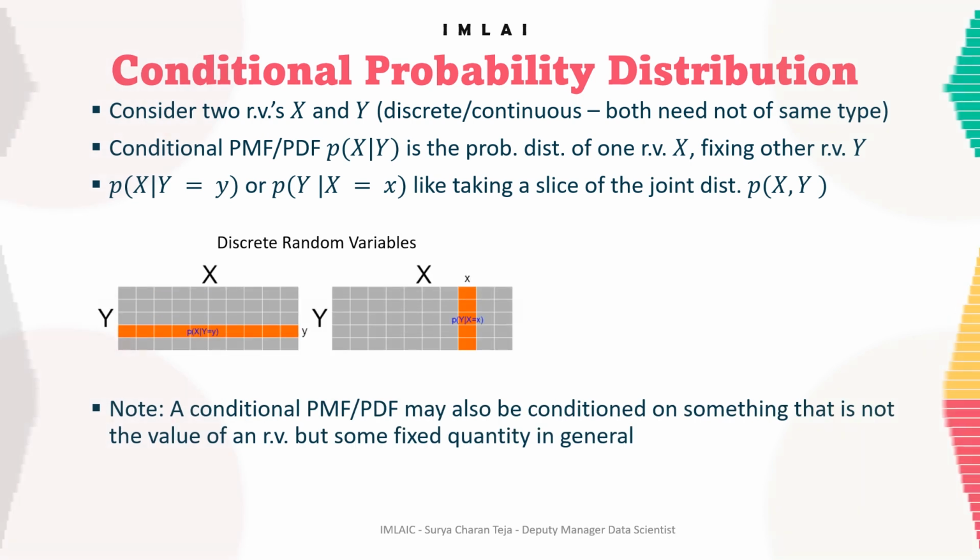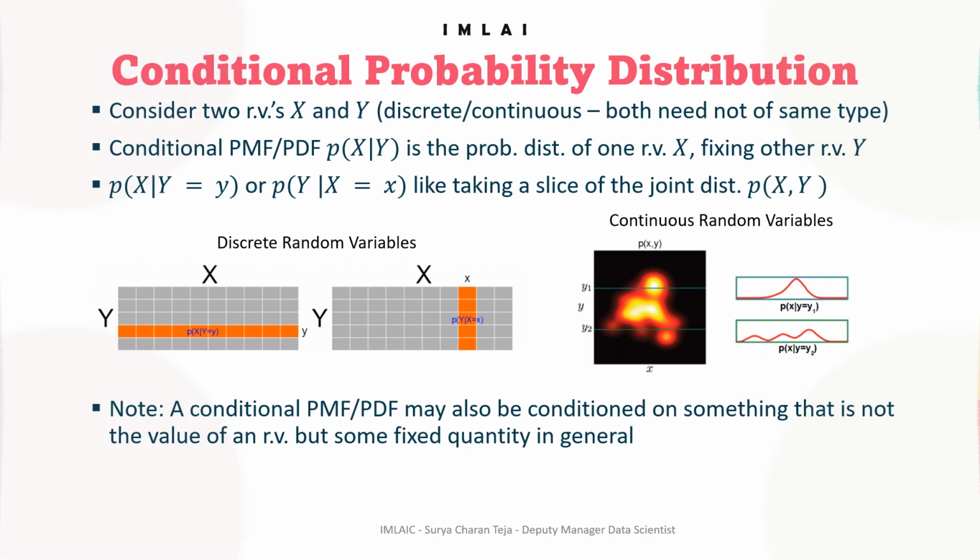So this is for the discrete random variable on top, and on the right side you have a continuous random variable. This is your X and Y, and X comma Y is your joint probability distribution. Now what we want is the probability of X given that Y equals v.